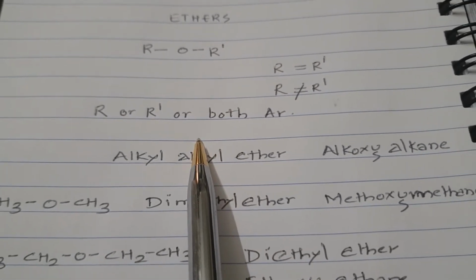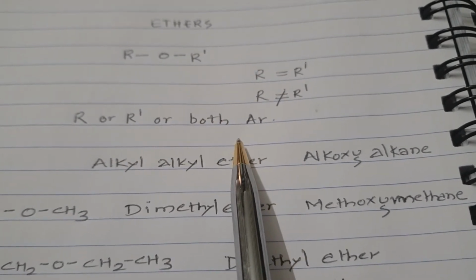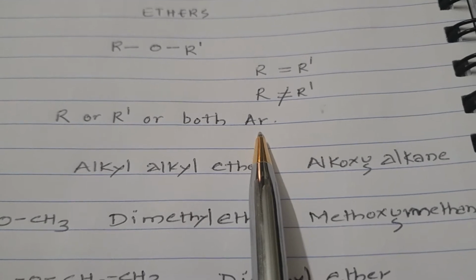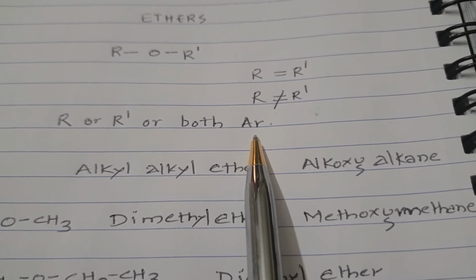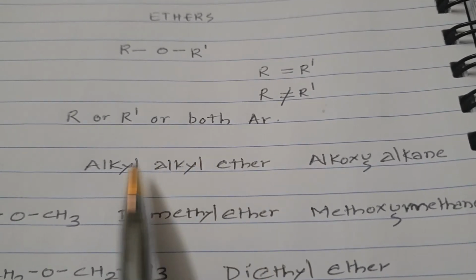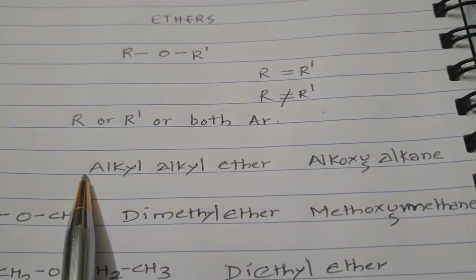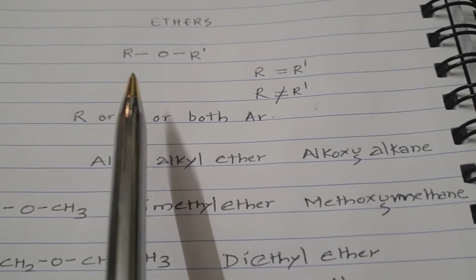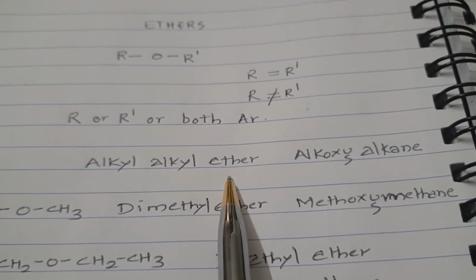Here the R or R' can also be replaced by an aryl group, which we normally write as Ar. Now, as we begin to study the nomenclature, first let us study the common nomenclature. According to common nomenclature, we will name this one as alkyl alkyl ether.